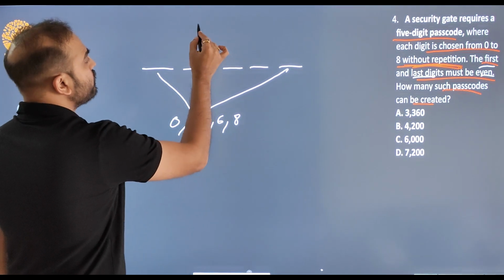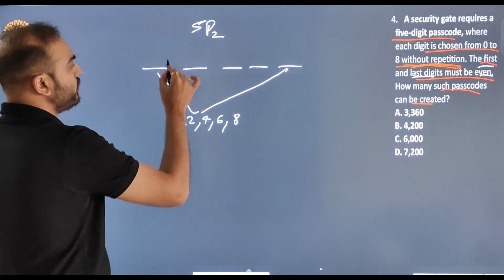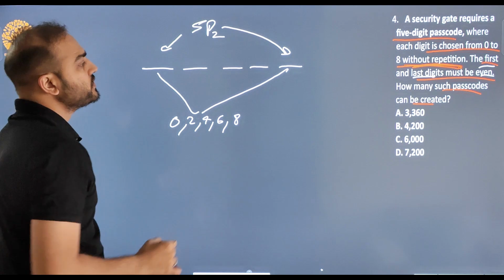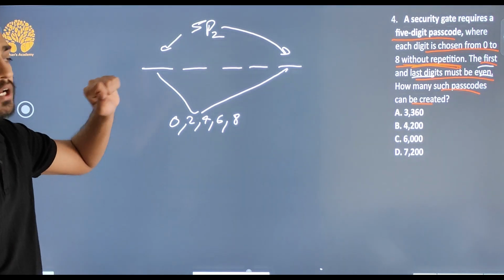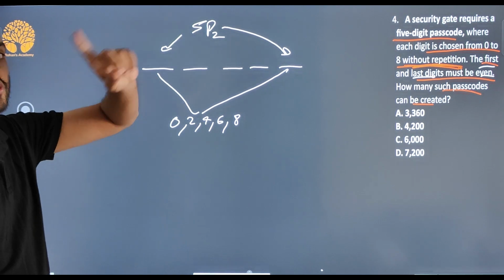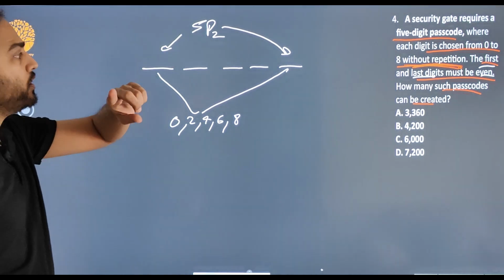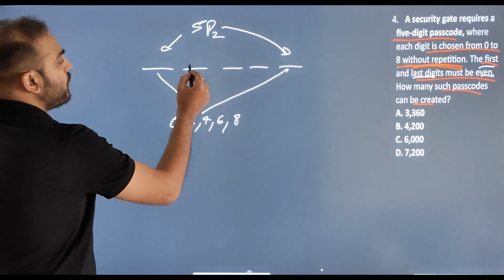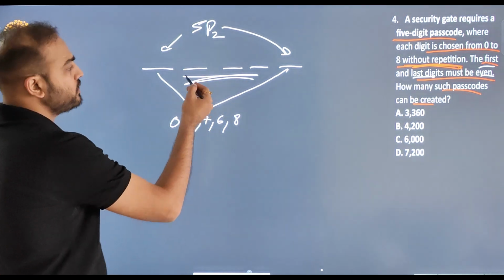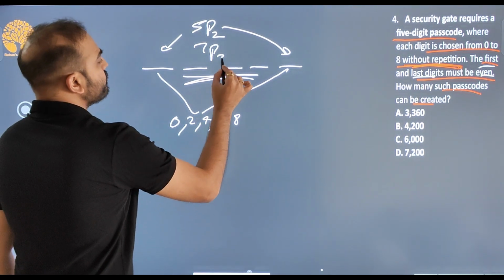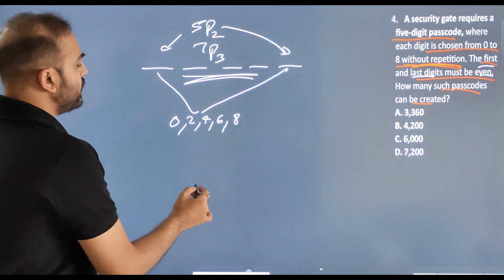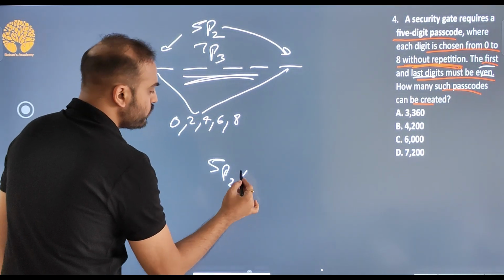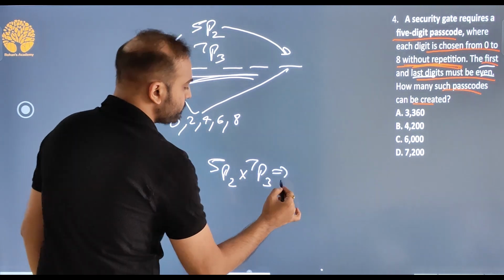So that is 5P2, which covers these two positions. Two numbers have been utilized out of a total of 9. Remember, 0 to 8, total numbers are 9. 2 are gone. Now, arrange the rest. 3 positions are there. I have 7 numbers. Pick any 3. So that is 5P2 times 7P3.